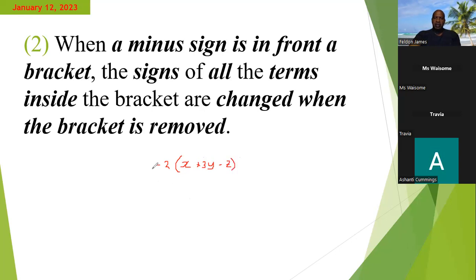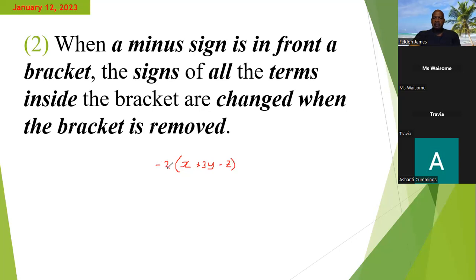Now, when we have a negative in front of the brackets, when we multiply out, the signs of the terms in the brackets will change to their opposite. So if you notice here, the x would be a positive inside the bracket. The 3y would also be positive inside the bracket. Z would be negative inside the bracket.